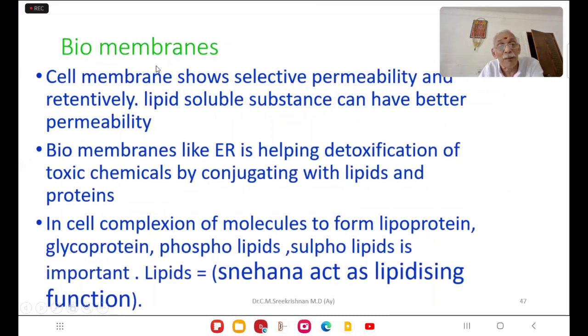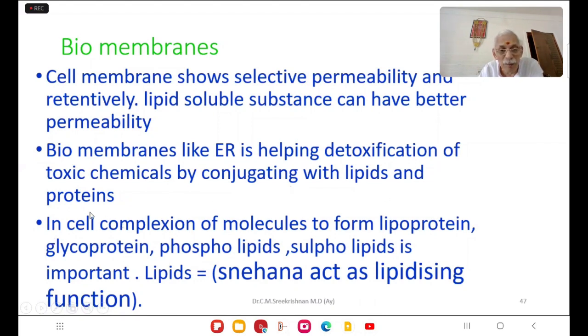So, biomembrane, why is it not coming out? Due to the cell membrane showing selective permeability and retentivity. Lipid soluble substances can have better permeability. Biomembranes like the endoplasmic reticulum help in detoxification of toxic chemicals by conjugating with lipids and proteins.